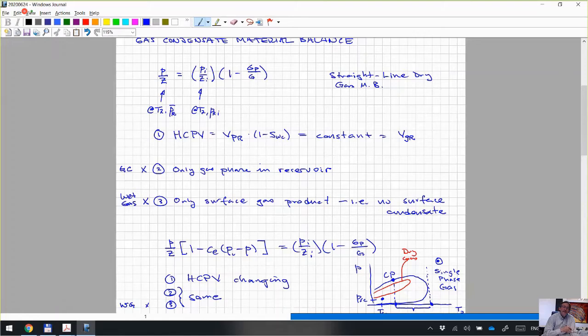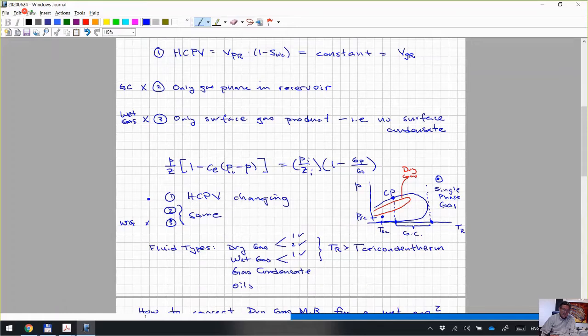And so we have to do something extra to make these conventional dry gas material balance equations work for a gas condensate. So the first thing we have to do is convert sales gas and stock tank oil into a fake wet gas. And we have to do one more thing. So we're going to talk about that.